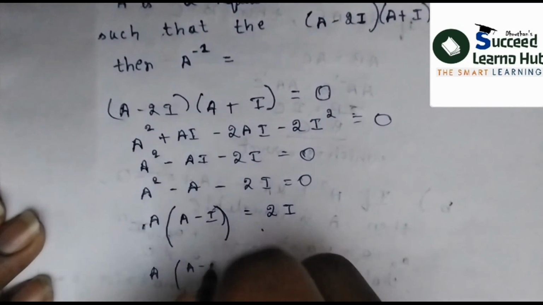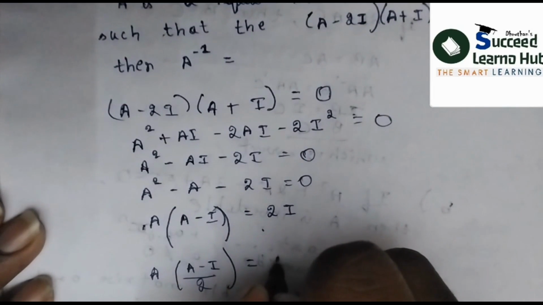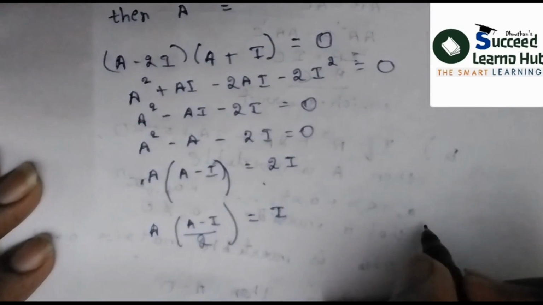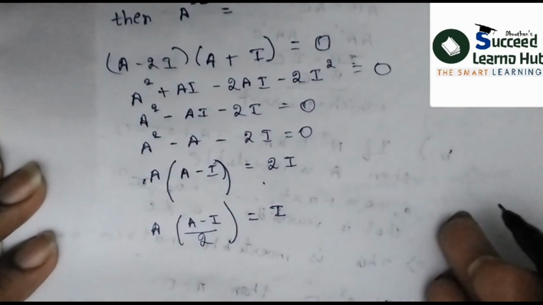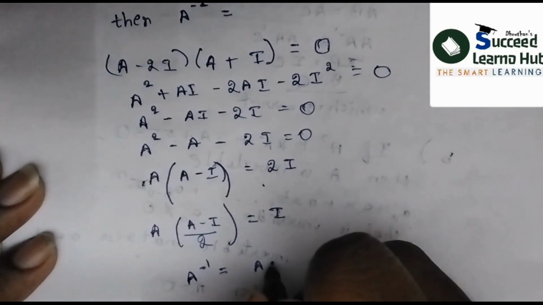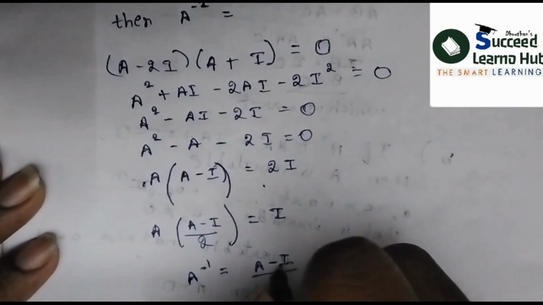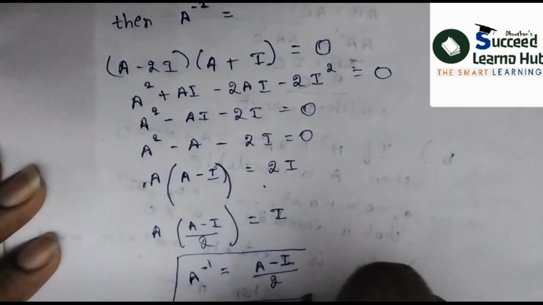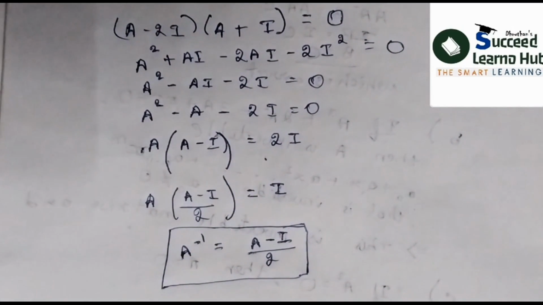A into (A minus I) by 2 is equal to I, where if this A goes to that side, it becomes A inverse. A inverse into I is nothing but A inverse. So, our answer is A inverse is equal to (A minus I) by 2. This is the required answer. Hope you have understood, and it's very easy.